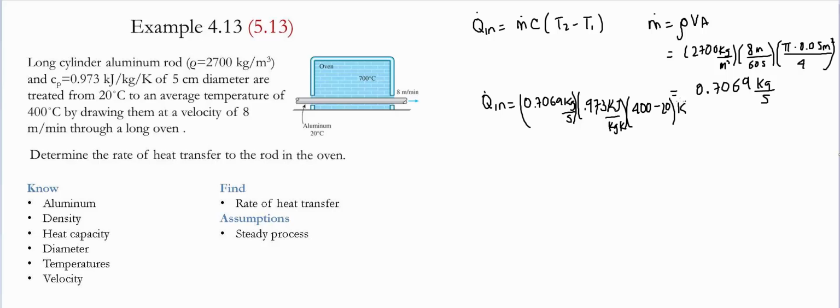Once again, the change in Kelvin is exactly the same as the change in Celsius, so Kelvin and Kelvin cancel, kilogram and kilogram cancel, and we have kilojoules per second, which is the unit of the rate of heat transfer, the same as a kilowatt. Then the value of Q dot gives us 261.35 kilojoules per second, which is exactly the same solution obtained in the method done previously.